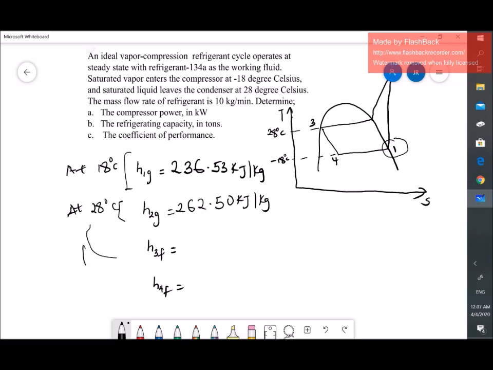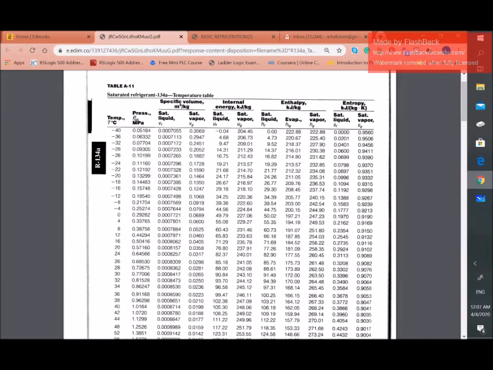In this case, the enthalpy becomes liquid. So go back to our steam table.